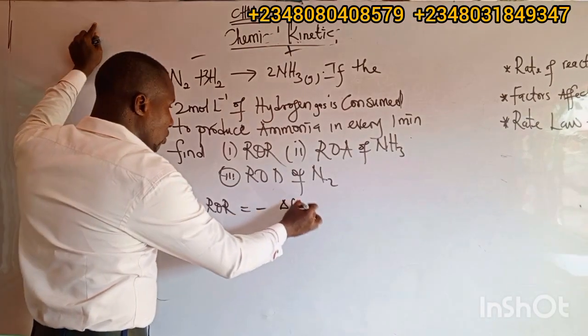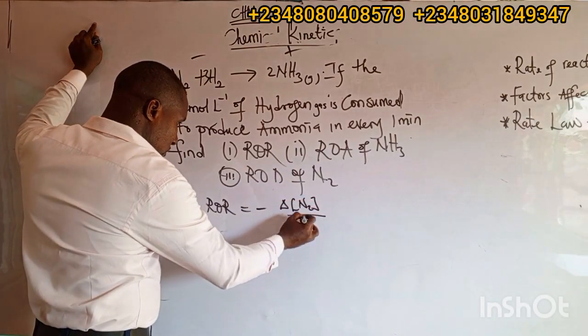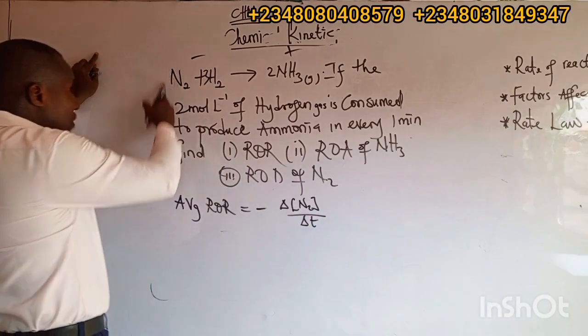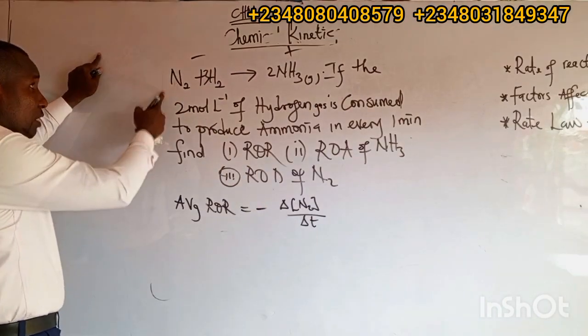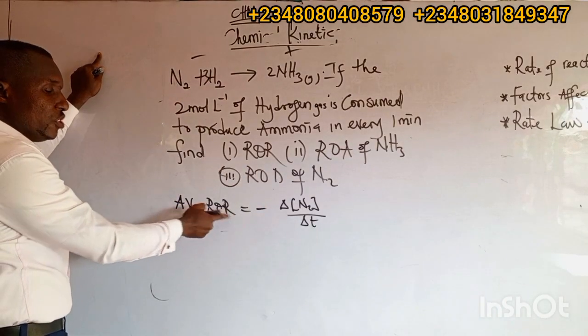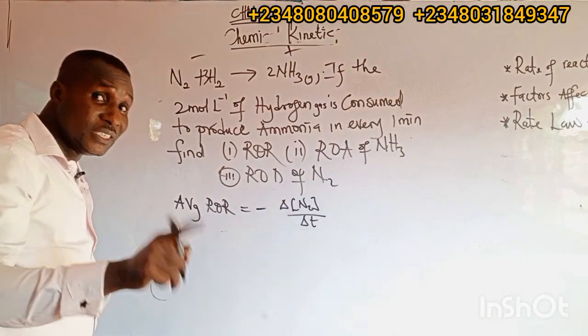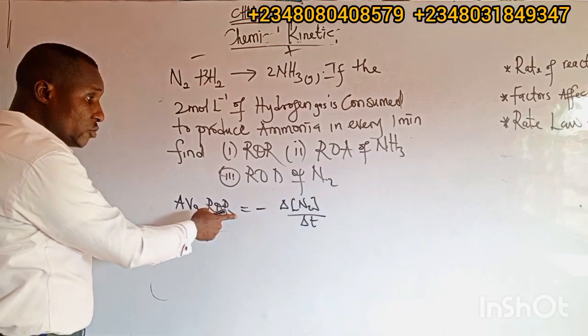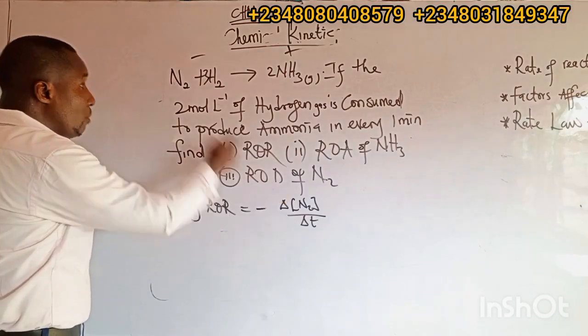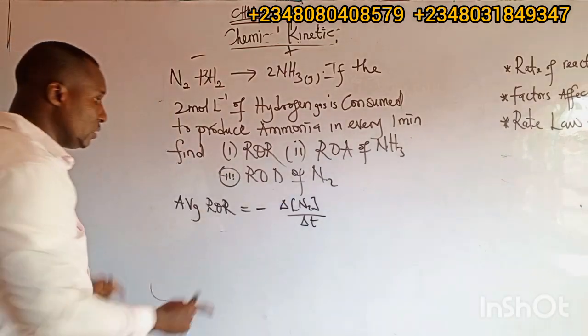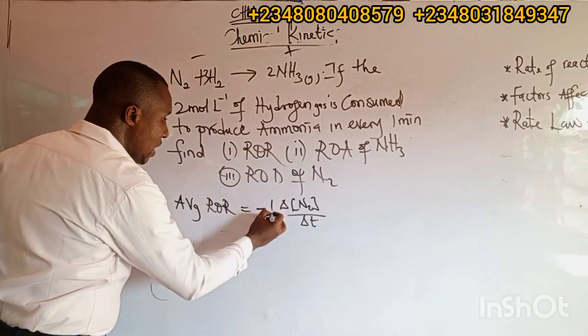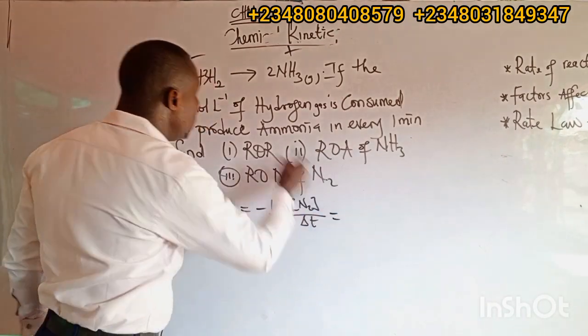Change in concentration of nitrogen gas with time. What is the coefficient? The stoichiometric coefficient, because we are looking for average rate of reaction, not average rate of appearance or disappearance. Average rate of reaction, you will divide the concentration by what? The stoichiometric coefficient, which is 1. That means 1/1.